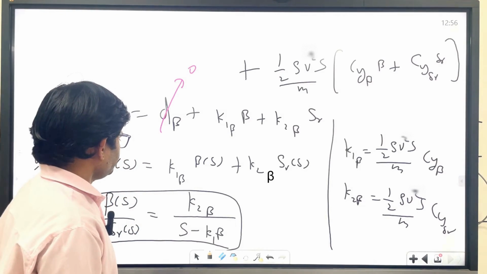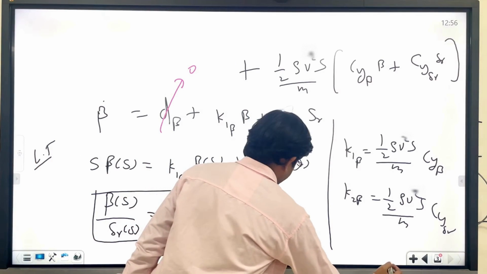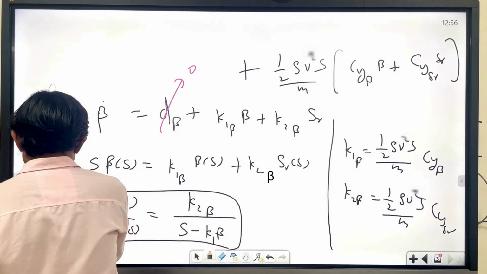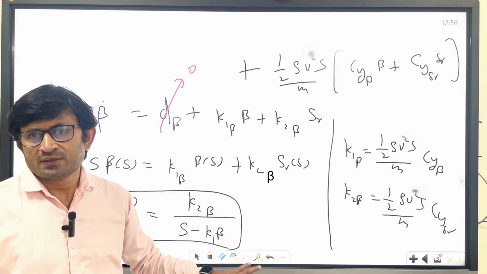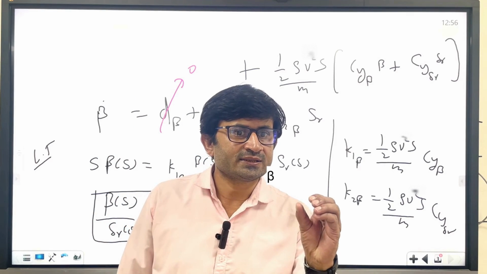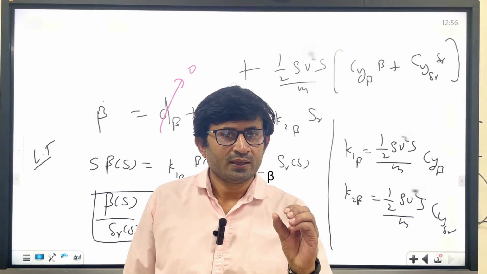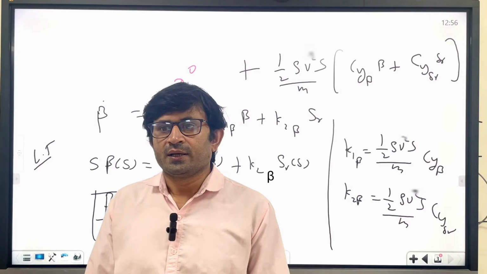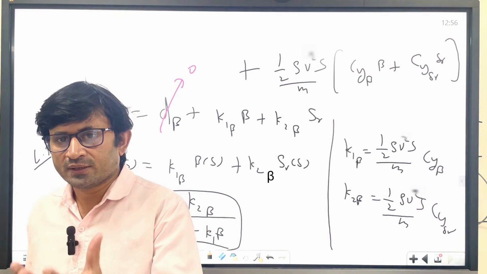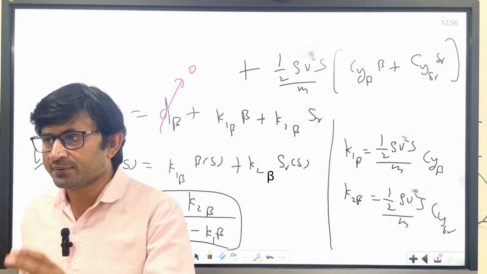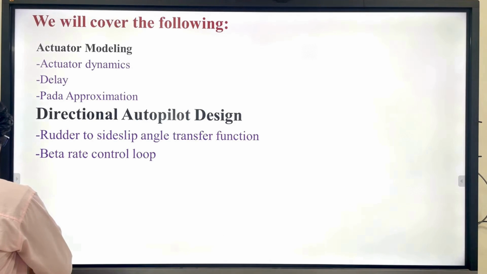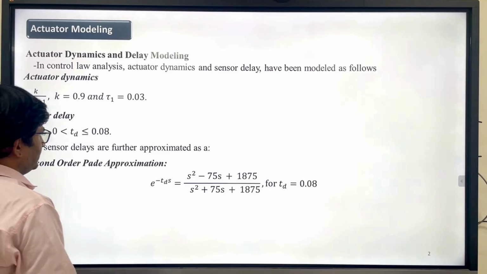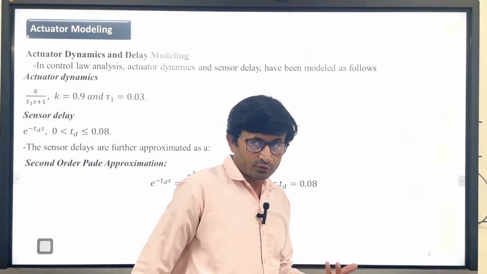Okay, now once you are done with this, that means your plant is ready. This is the plant only, right? Now you should include the sensor model, delay model, actuator dynamics, everything, as we did for the lateral and longitudinal autopilot design.